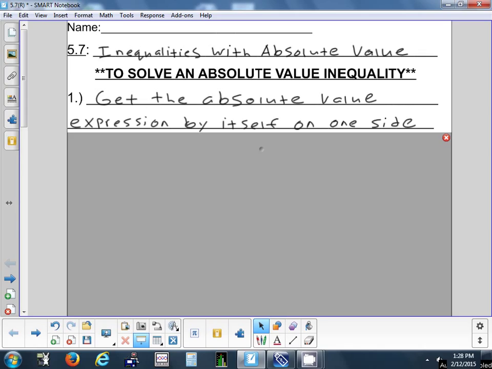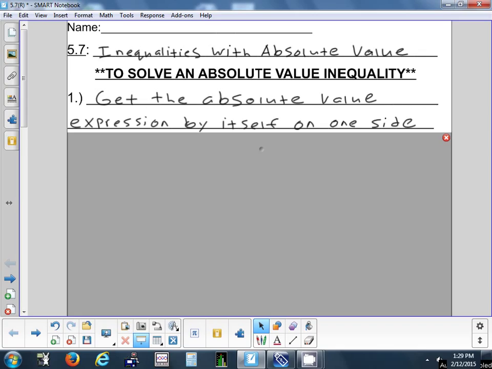What math operation might you have to do? You might have to add or subtract, right? Because you had something outside the absolute value on that same side of the sign. So you might have to add or subtract.